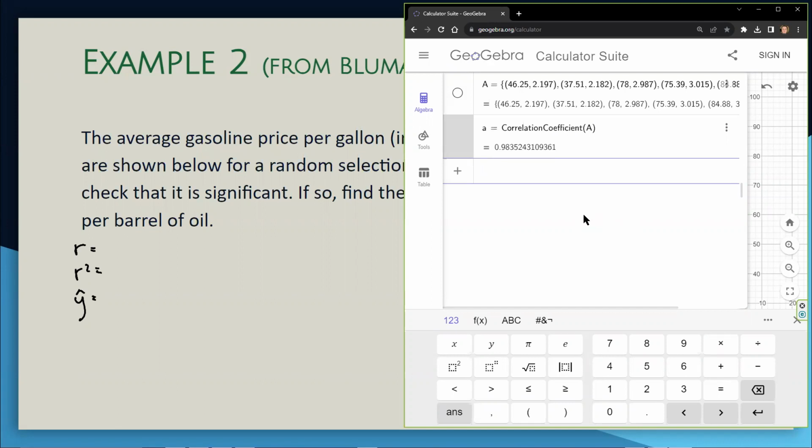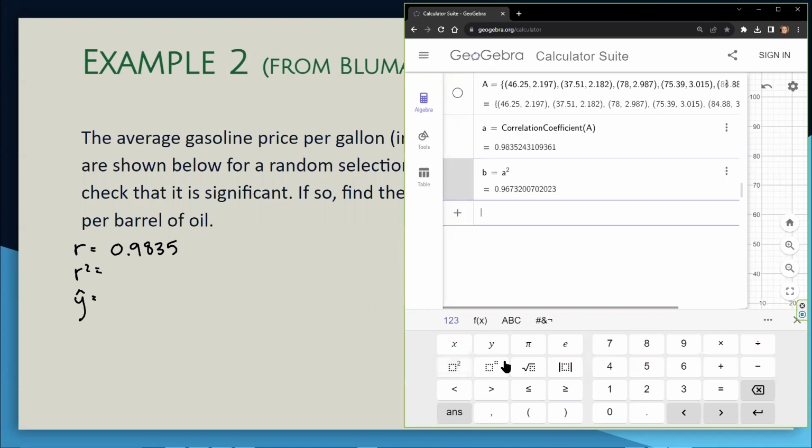And it says for that list of data, that's 0.9835. For R squared, I'm just going to take that value, which it saved as lowercase a, and I'm going to square it. So 0.9673.